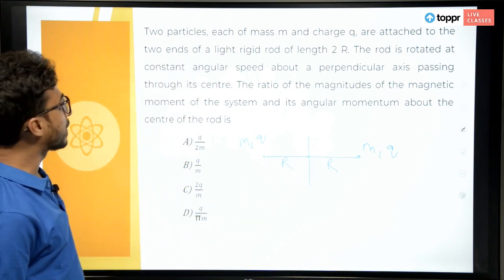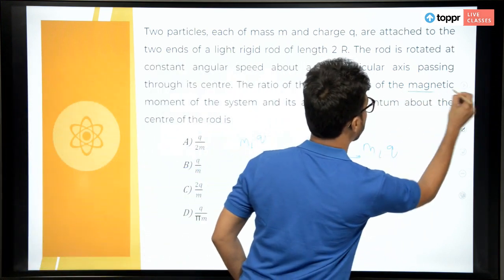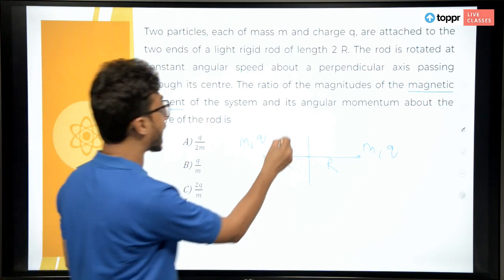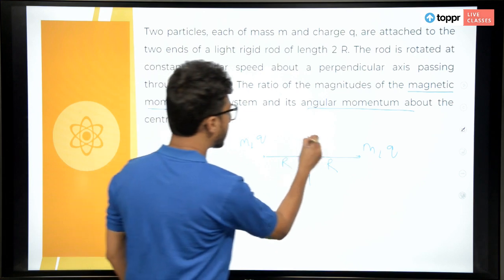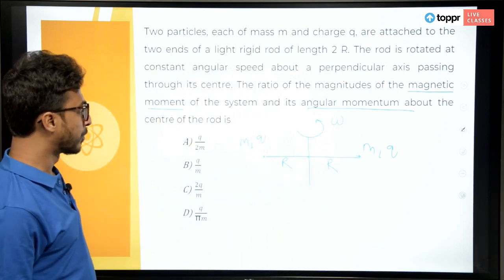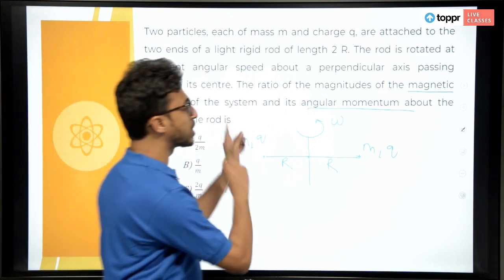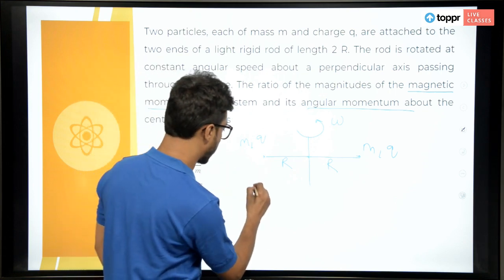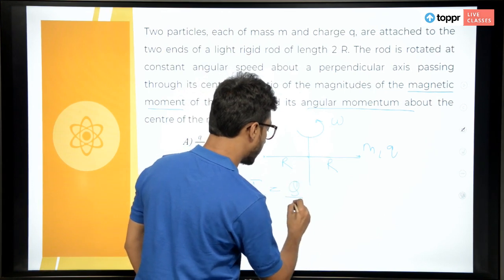We have to find the ratio of the magnitude of the magnetic moment, that we have found like I into A, and its angular momentum, right? Let the angular speed be omega. Now see, when charge is moving, what is the current? Current is nothing but charge by time.